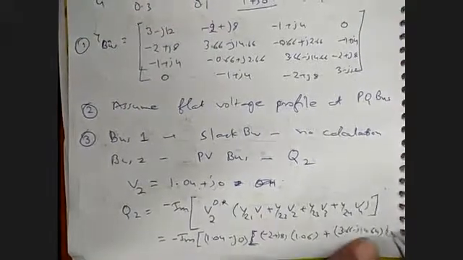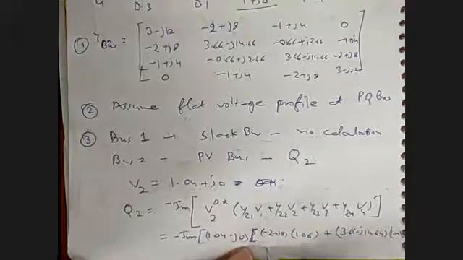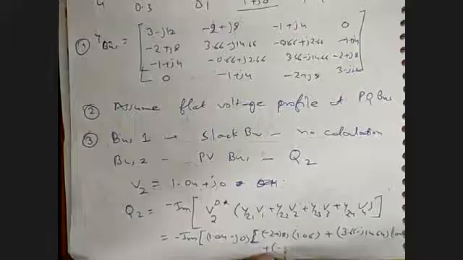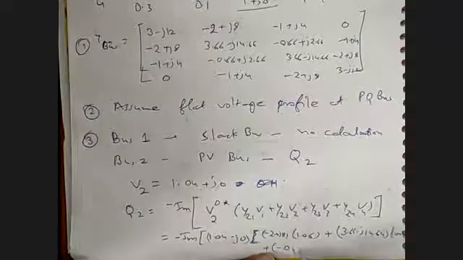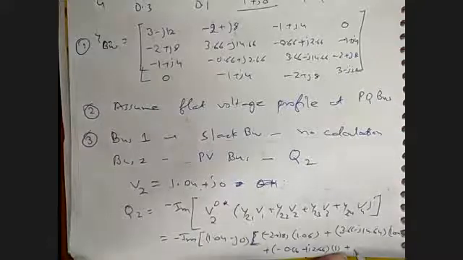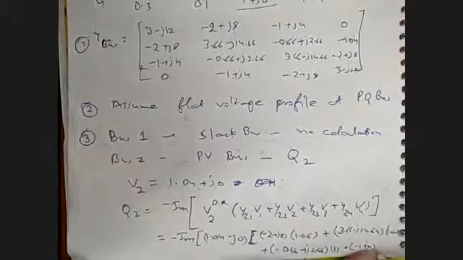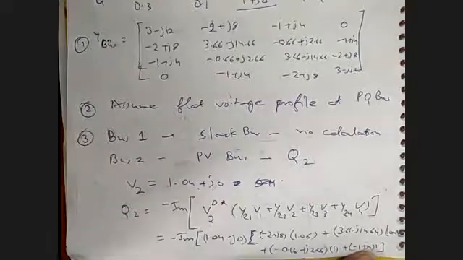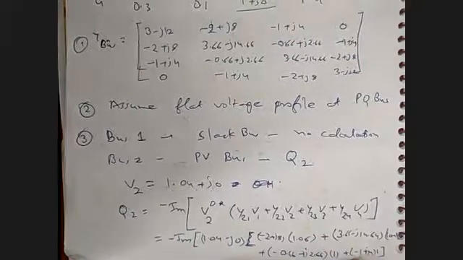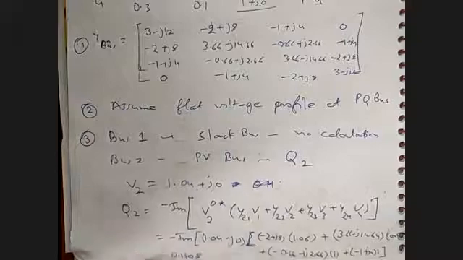V2 is 1.04, plus Y23, that is minus 0.66 plus J2.66, into 1, plus minus 1 plus J4 into 1. So that will come out to be 0.1108.